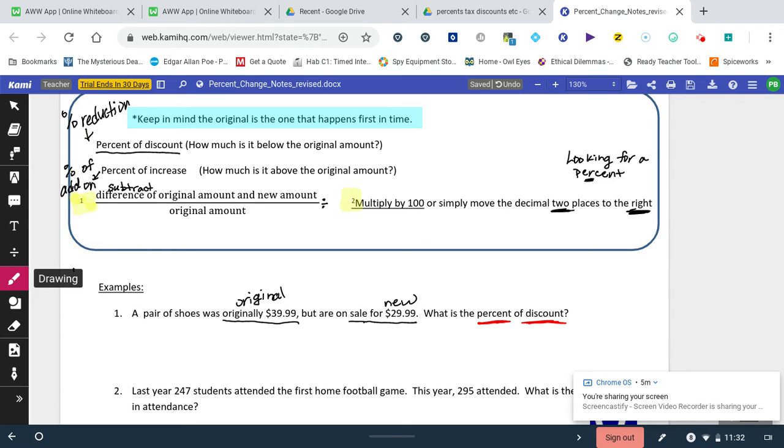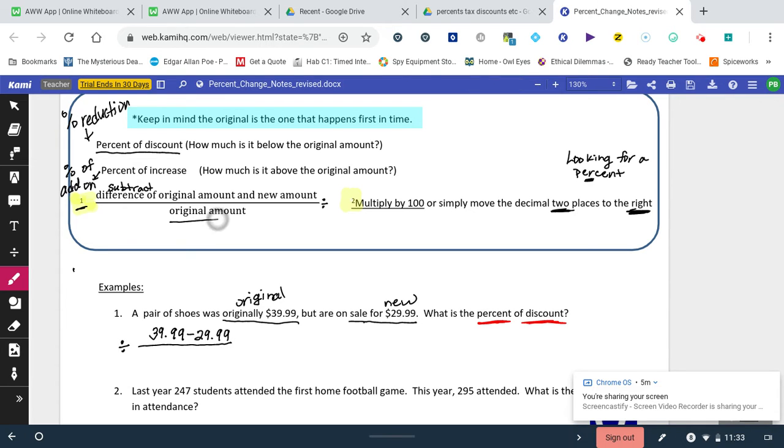All right. So step 1 says find the difference of the original amount and new amount. When you find the difference, you just subtract those two. I'm going to put the larger number first, 39.99, so when I subtract, I don't end up with some negative. Minus 29.99. I'm going to make sure I divide it by what?